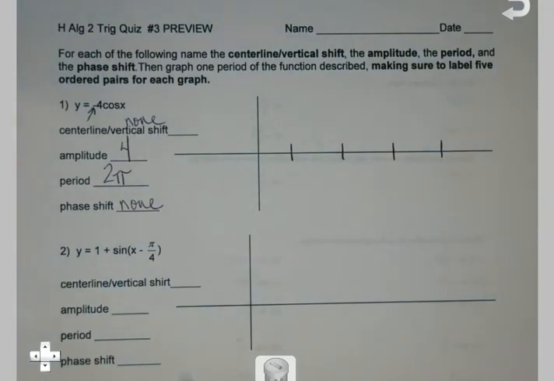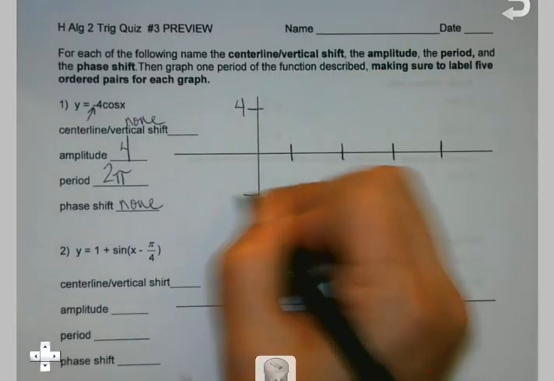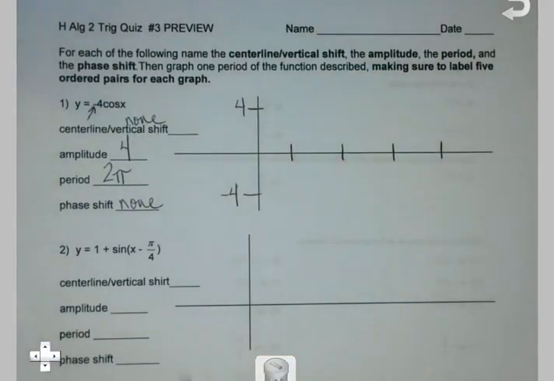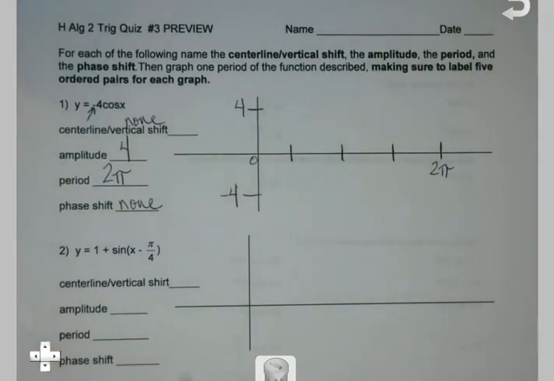If I was going to graph this, I notice that my amplitude's 4, so I've got my 4 and my negative 4 working here. And since my period is 2 pi, I know that's going to be the last value that I'm dealing with. So how would I go about getting the values in the middle?